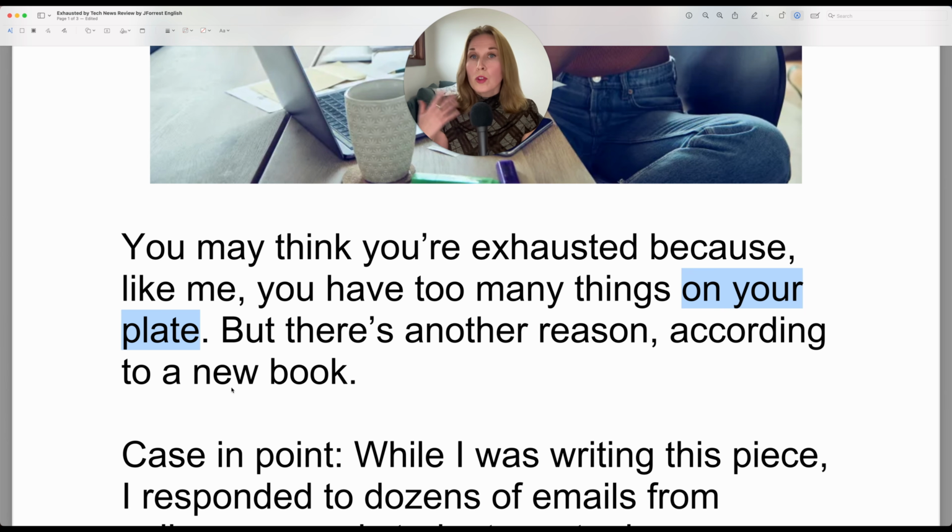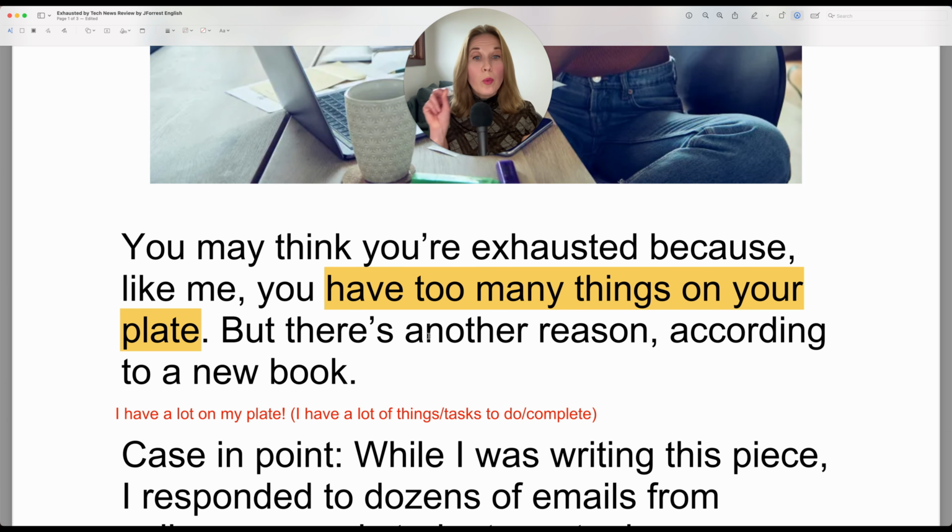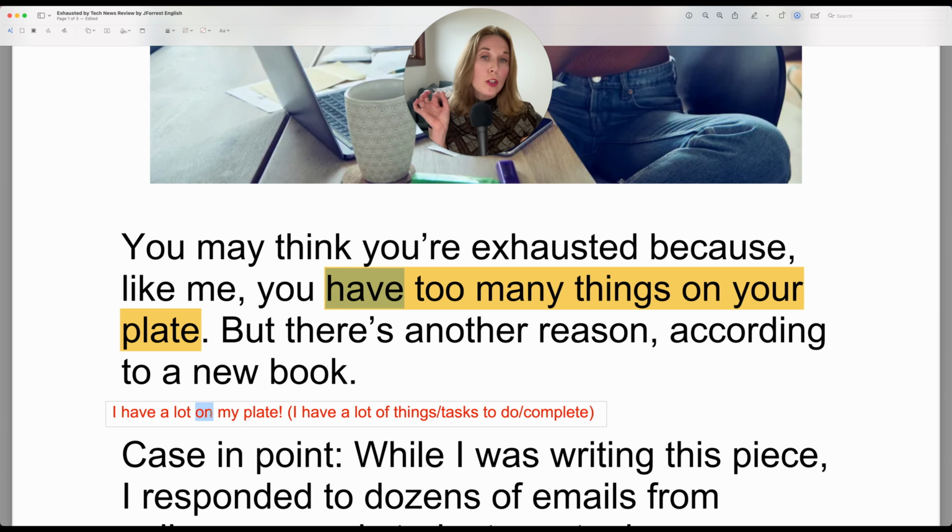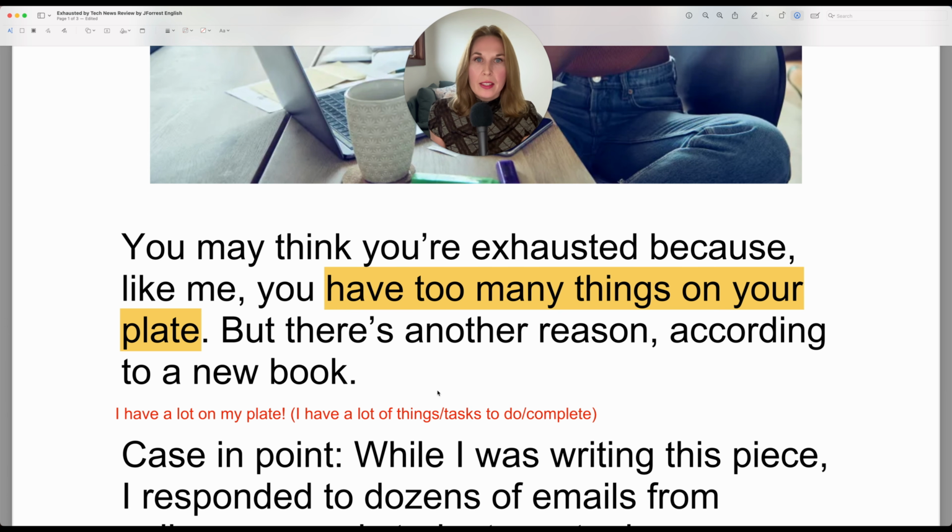It could be things with your friends, your kids, your family, anything. Now, with this idiom, the main verb that you conjugate is have, and then the preposition is always on my plate, but you would change this to on his plate, on her plate, whoever the person is. So you might say, I have a lot on my plate.